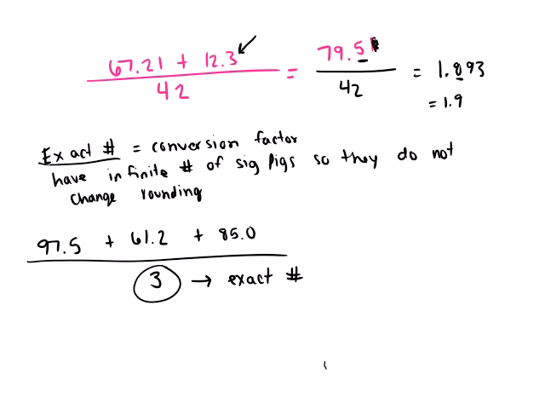Okay, same with our metric conversion. So if you're trying to go 3.4 liters to milliliters, like we've been doing in class, 1 liter is equal to 1,000 milliliters.